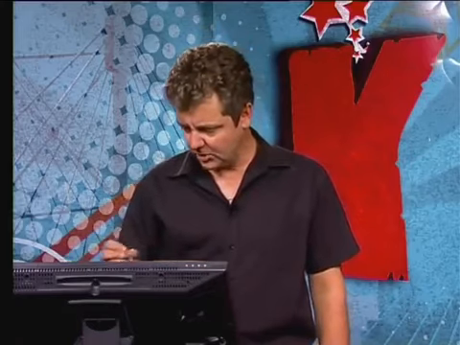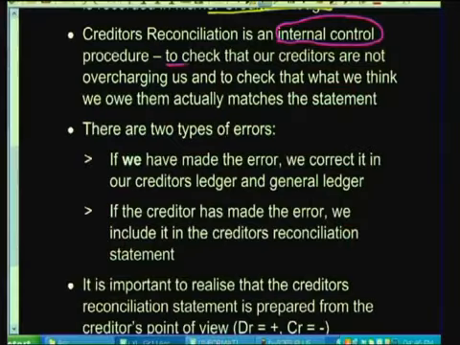Creditors reconciliation is another example of internal control, and the whole purpose of this is to check that our creditors are not overcharging us. If you think that you owe a shop 100 Rand and suddenly they send you an account for 1,000 Rand, you're going to get a huge fright, because that's 900 Rand more than you think you owe them.